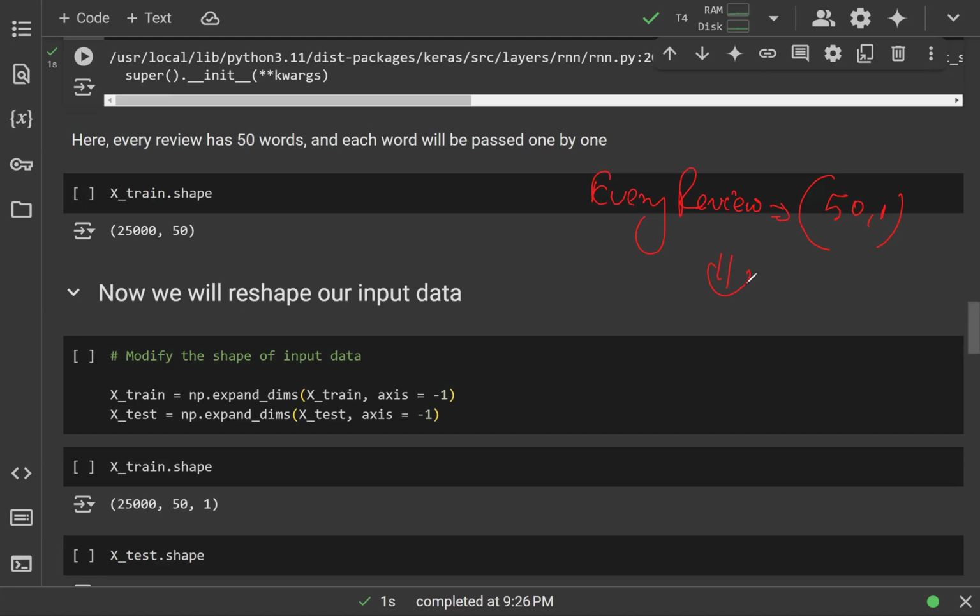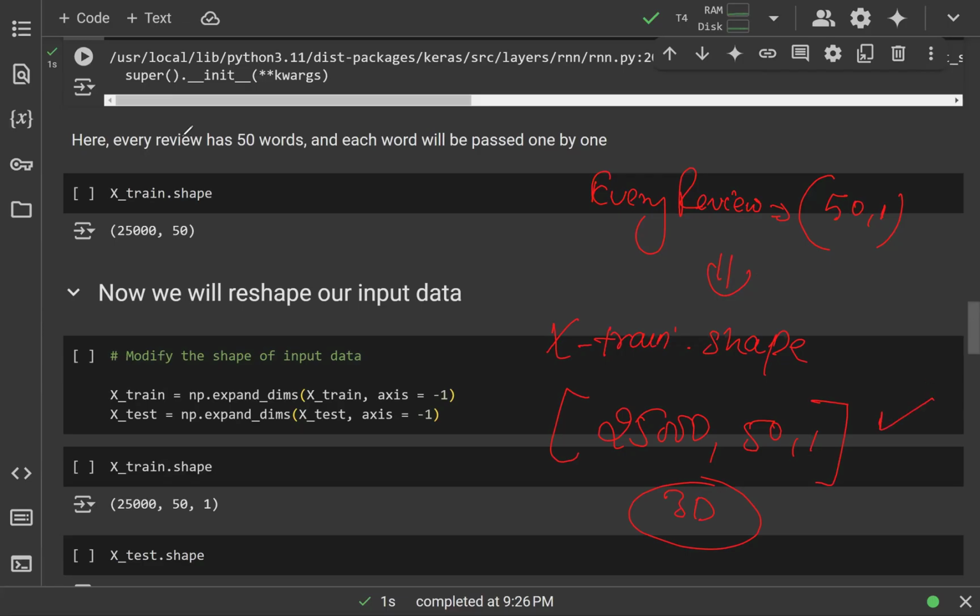Training reviews, 25,000, right? So the shape would be 25,000, and every review has a shape of 50, 1. So it's a 3-dimensional architecture. Your data should be in this shape.